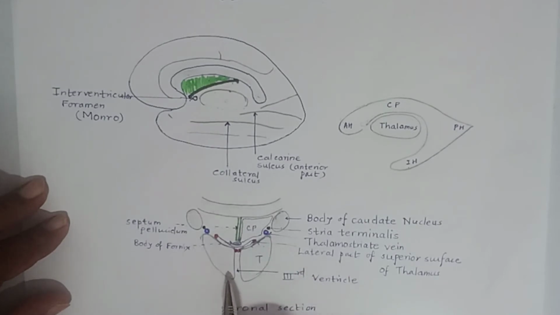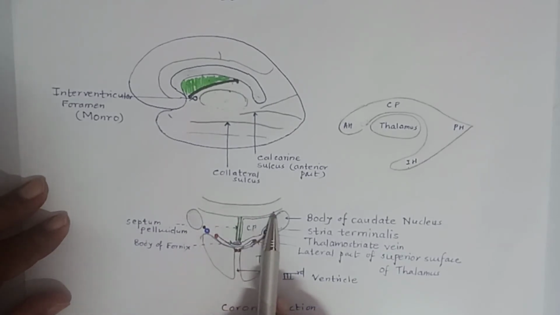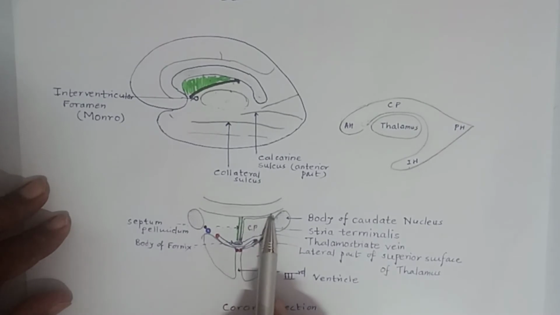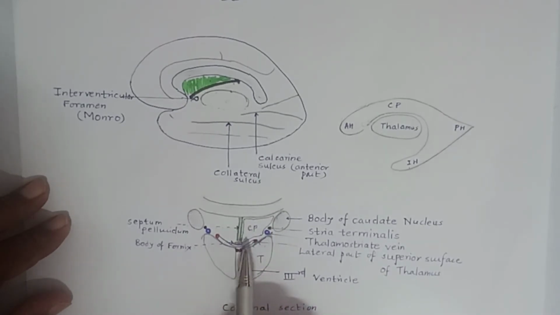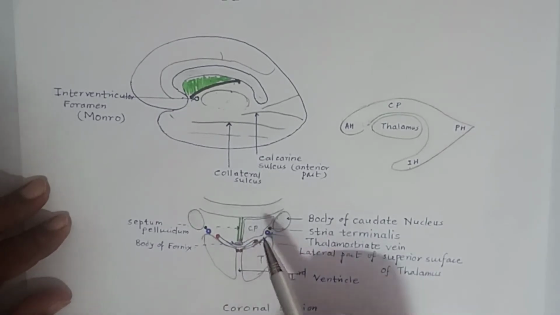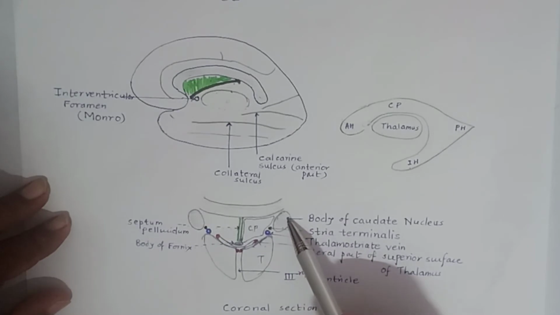In this coronal section, we can see the cavity of central part. The roof is formed by the inferior surface of trunk of the corpus callosum. Medial wall is formed by the septum pellucidum and the column of fornix. And in the floor, there are four structures.